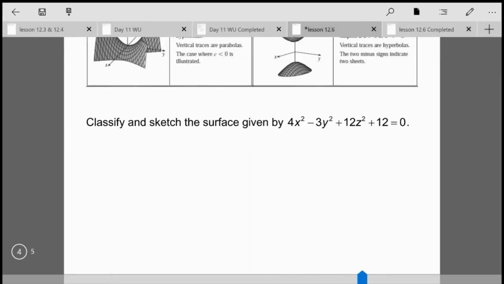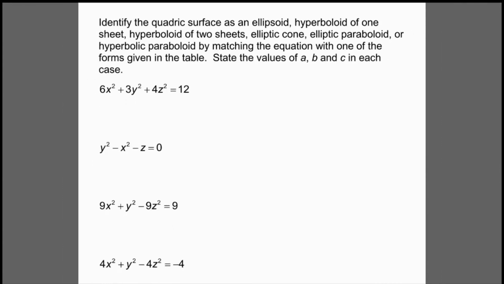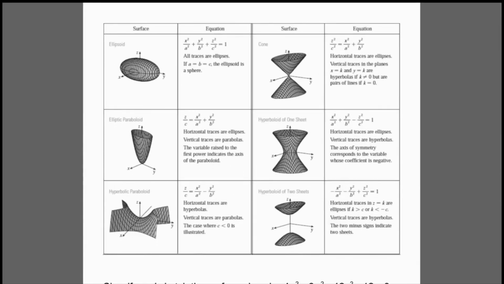Okay, so we've got a couple more things here. The last thing that I want to do, and this is really a lot of practice for you, is give you an opportunity to play around with these things a little bit. So I gave you a bunch of equations that are not in the easily recognizable forms for our quadric surfaces. And so what I want you to do is take these 6 equations, get them in their standard form, and then in these equations, notice how there are A, B, and C values.